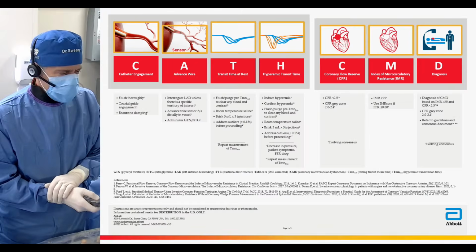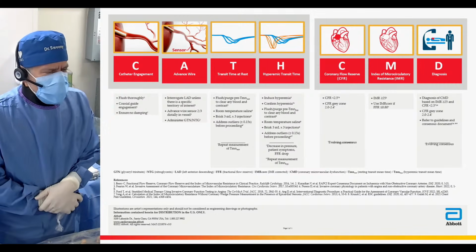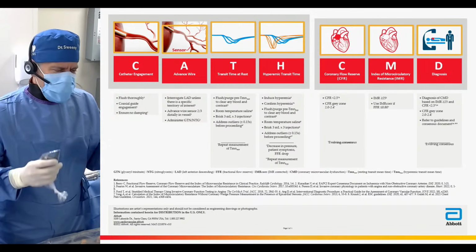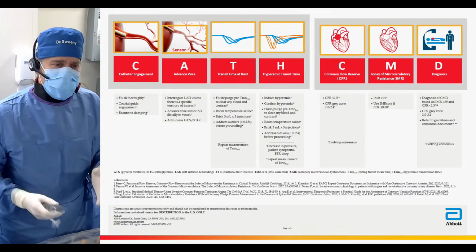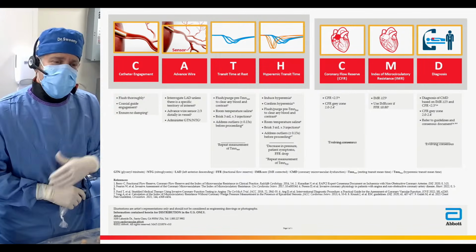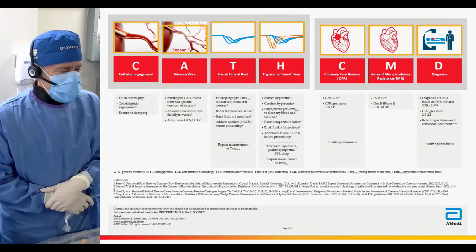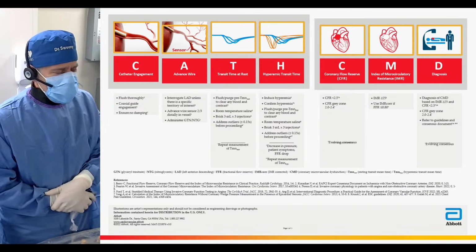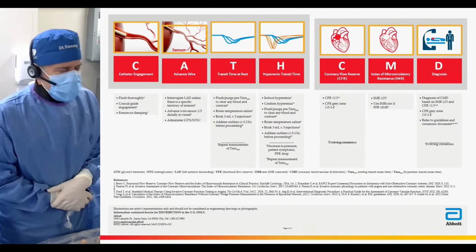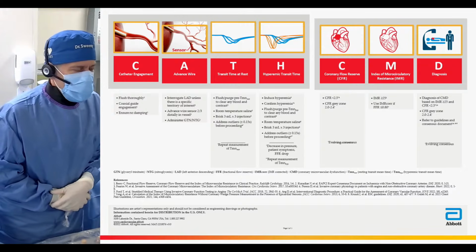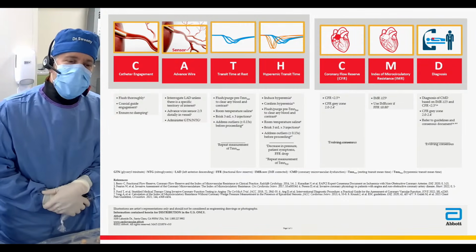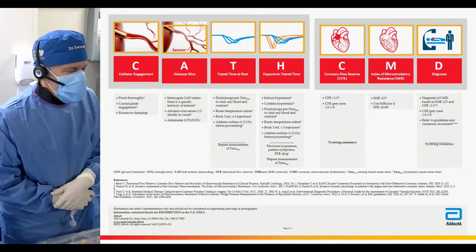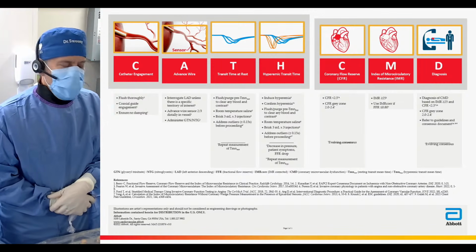hyperemia. And then lastly, what we try to teach is you have to be very, very methodical and attentive to how you're doing these injections. And you want to have consistency. And this is a nice slide provided by Abbott. They use an acronym, CAF-CMD. So you want to have correct catheter engagement. You want to advance the wire at least 6 centimeters down the LAD. You want to have a target heart rate with hyperemia.